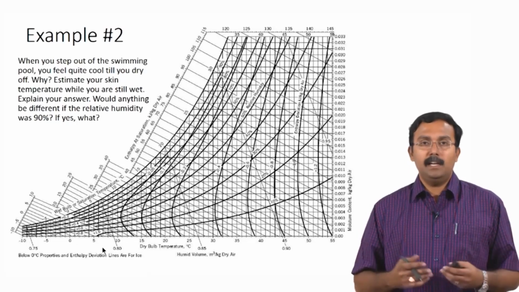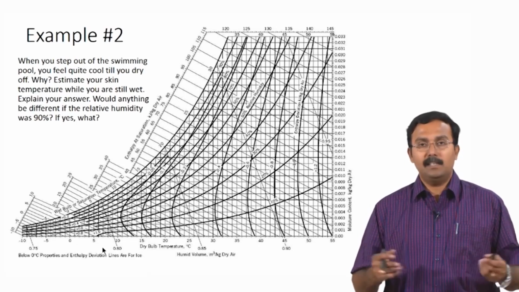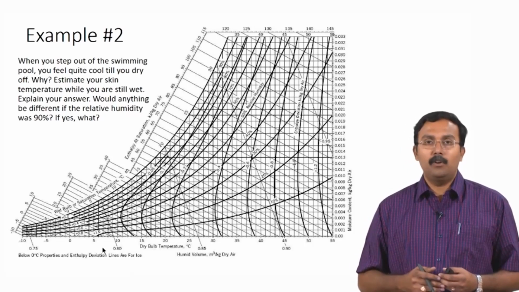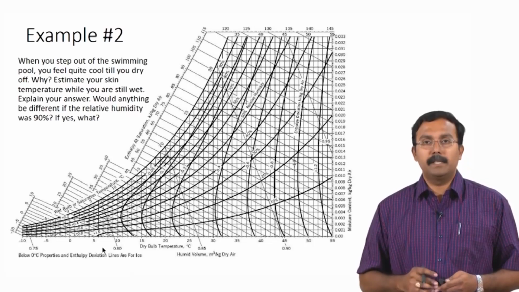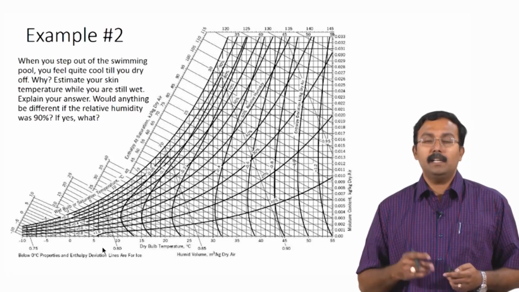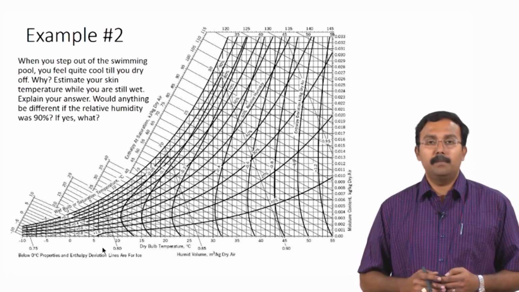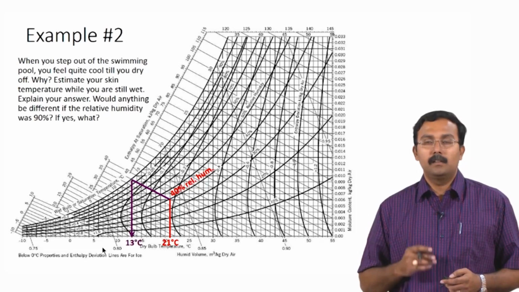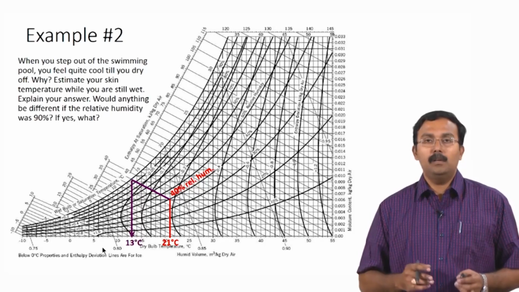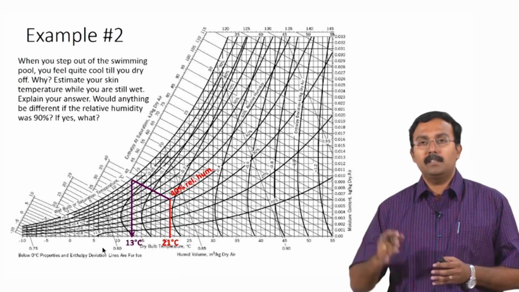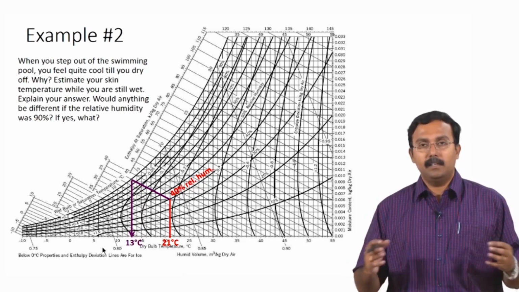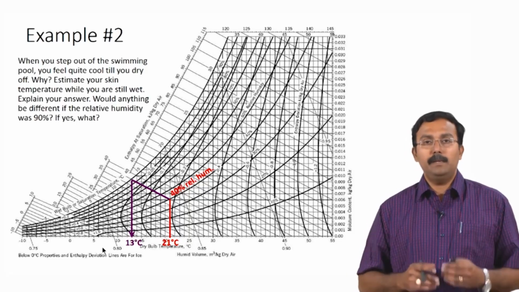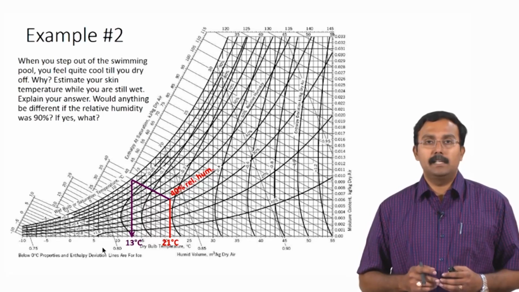If you keep standing with wet skin, standing outside and assuming the skin remains wet, your temperature will drop all the way to the wet bulb temperature, which would be 13 degrees Celsius. Although the actual temperature of air in your surroundings is 21 degrees Celsius, the temperature your skin would be experiencing would be 13 degrees Celsius.